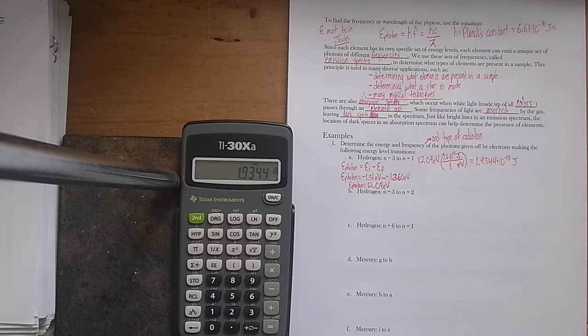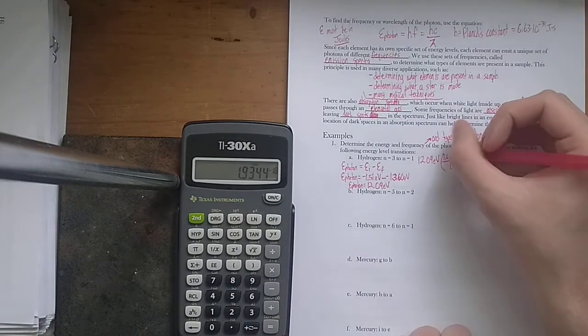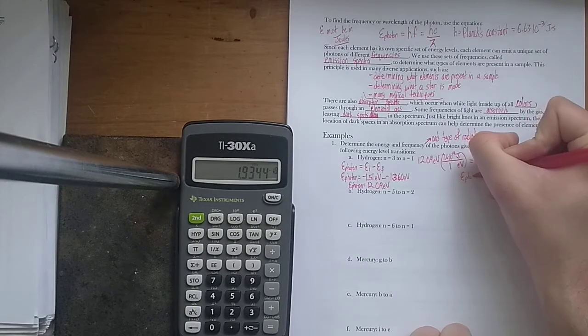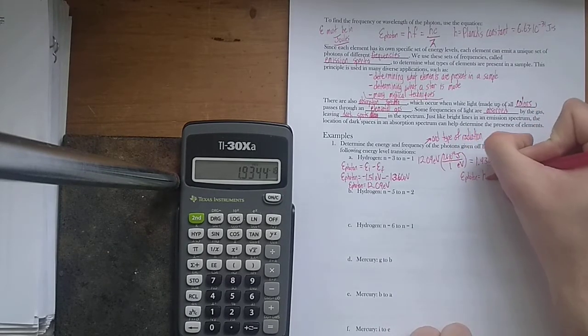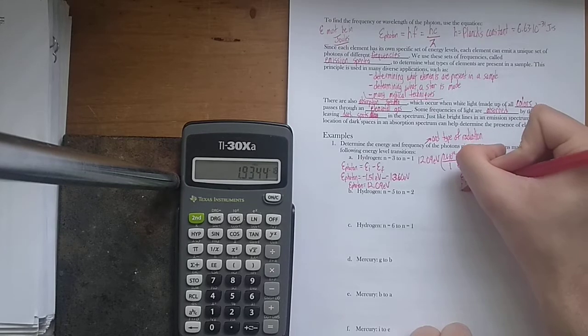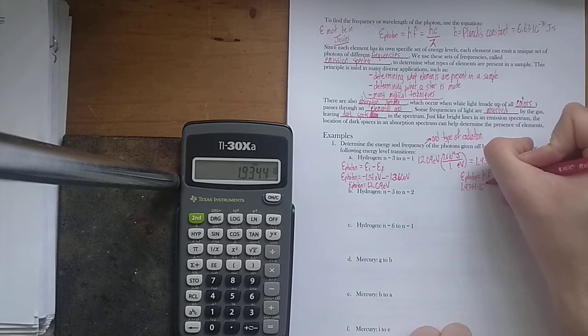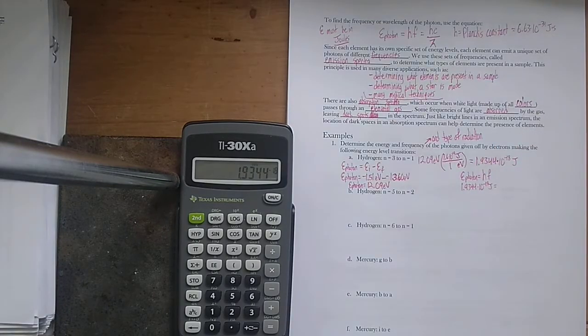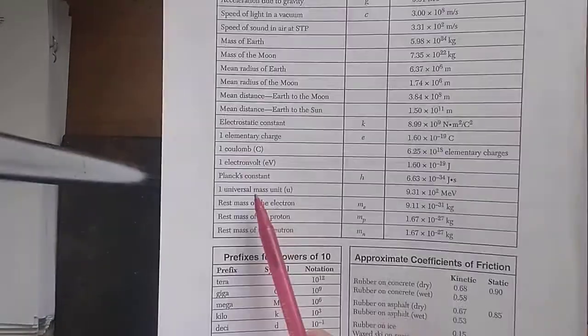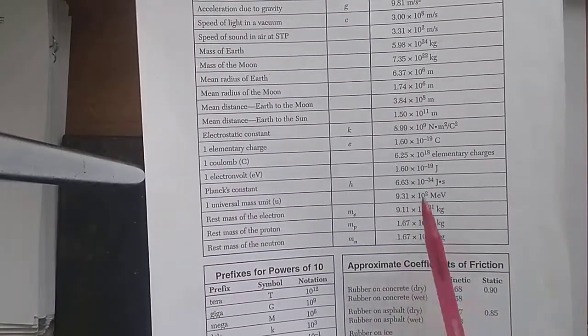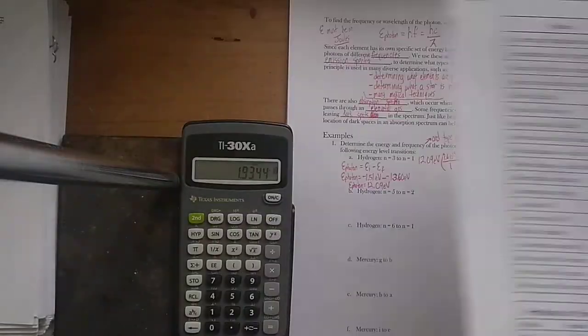Then all we have to do now, we now have this in joules, we just have to figure out the frequency. E photon equals hf. The energy of the photon, 1.9344 times 10 to the negative 18th joules, equals h, Planck's constant, which is 6.63 times 10 to the negative 34th joule-seconds, times f.